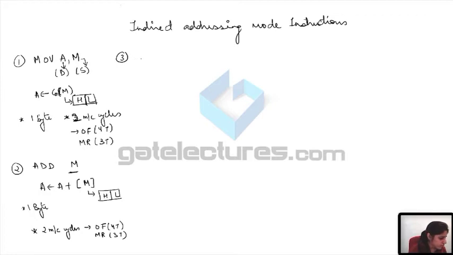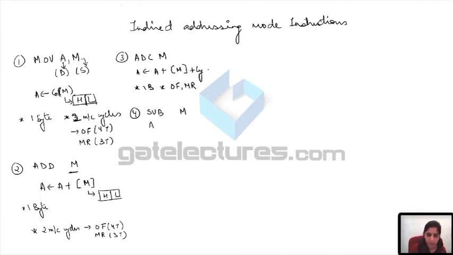So next instruction is going to be ADC M. What is this going to do? Add the contents of accumulator with the contents of memory along with carry. Again 1 byte and opcode fetch and memory read, two machine cycles. Next instruction is going to be subtract memory, which is contents of memory going to be subtracted from the accumulator. In every case, memory location is going to be pointed by HL pair. I'm not writing it again and again. I think you understand that.